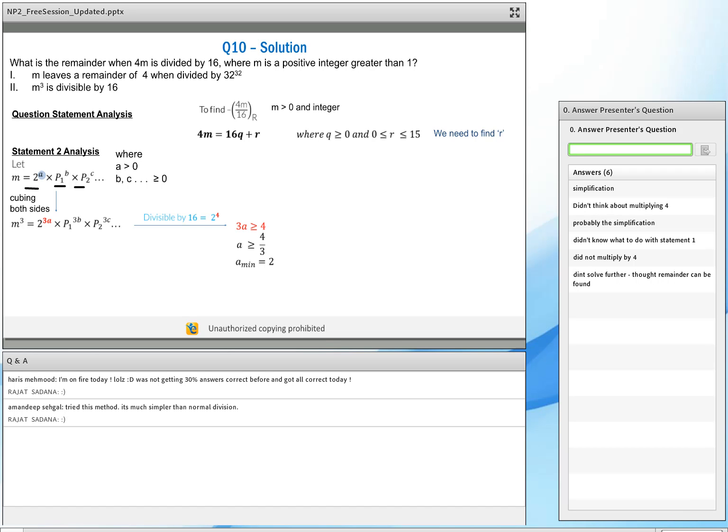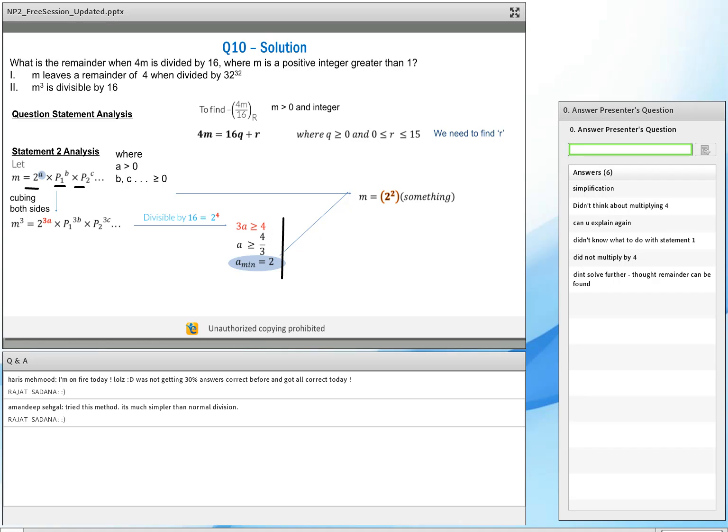Now, if this is too complex for you, what you really say is m cube has to be divisible by 2 to the power 4, which at a bare minimum means that m square has to be divisible by 2 to the power 4, or m has to be divisible by 4. You can also get that inference, which means 4m is also divisible by 16. That's another way to look at this as well.